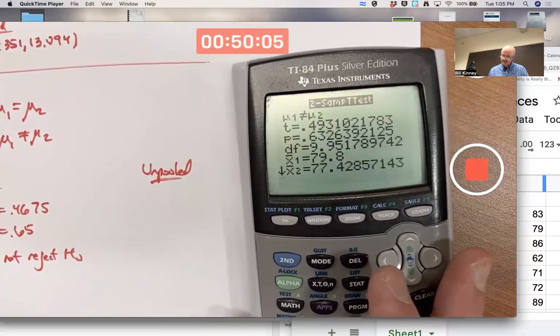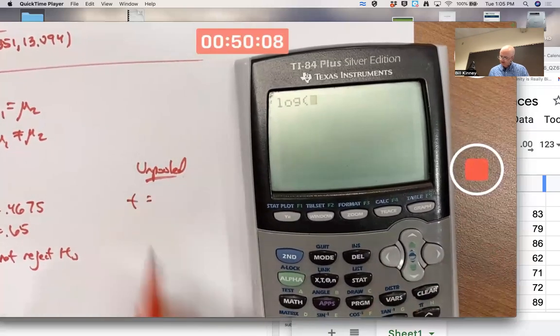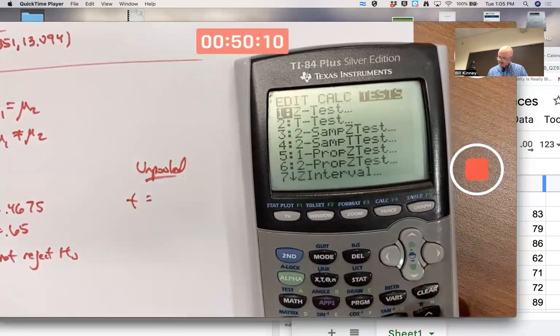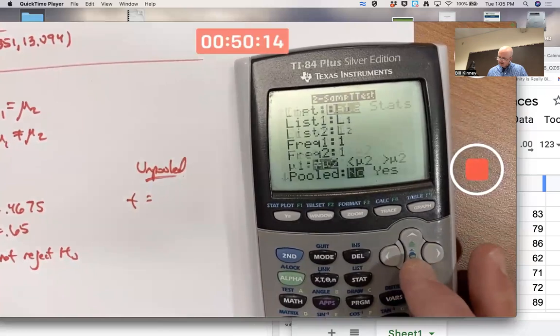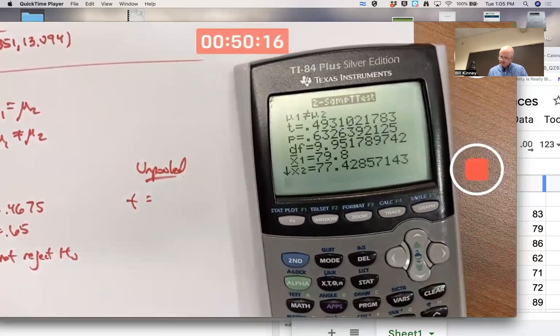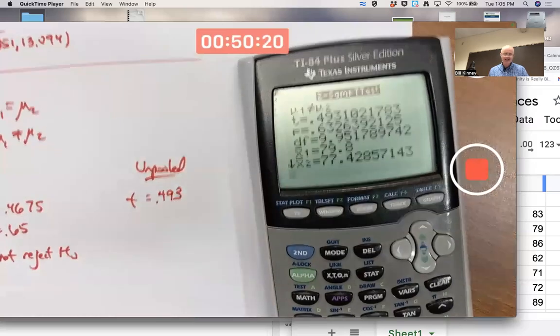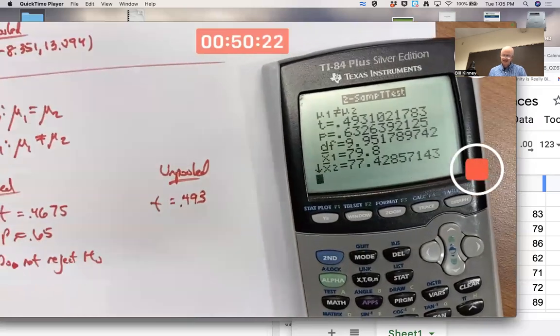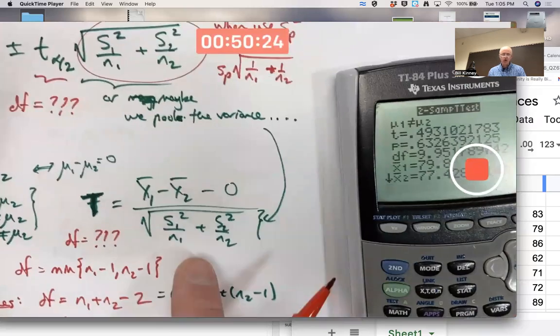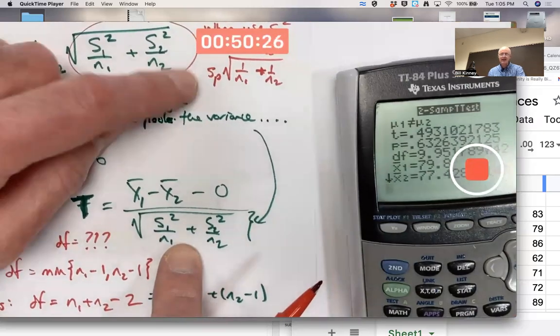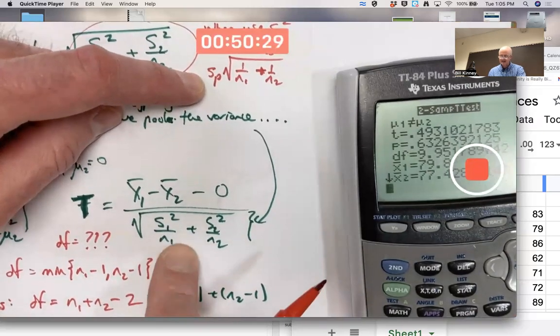The t-statistic in this case is a bit different. The observed value of the t-statistic is a bit different, 0.493. Why? Because when we pool, we use this formula, except this thing is in place of that.